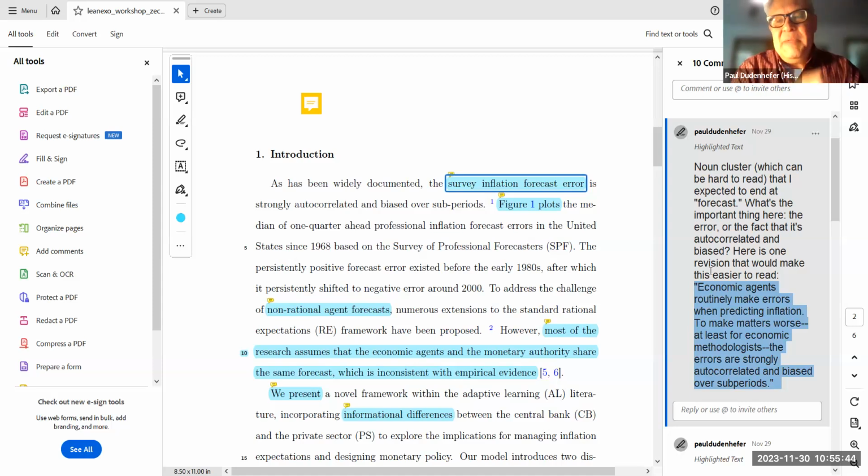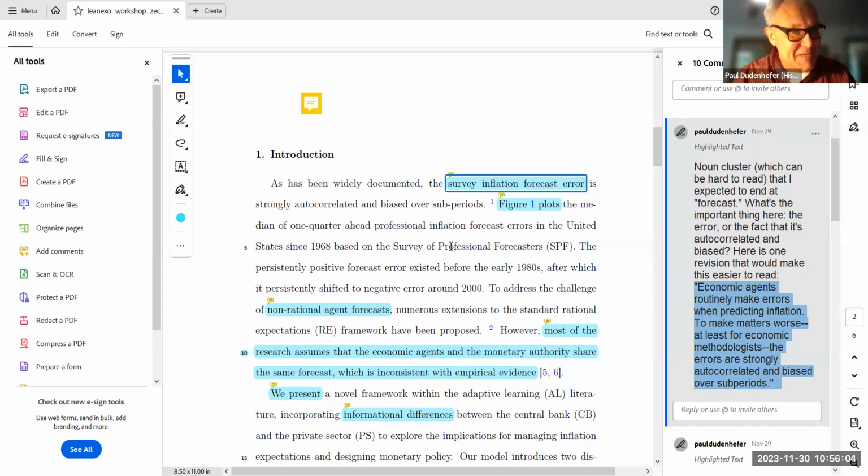If you were to begin like this: economic agents routinely make errors when predicting inflation. To make matters worse, at least for economic methodologists, the errors are strongly autocorrelated and biased over subperiods.